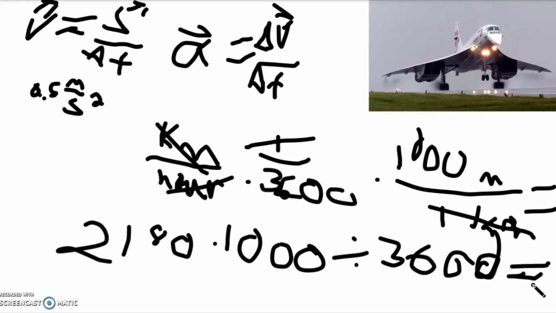To find the seconds, we'll have to divide 605 by 0.5, because that's our meters per second squared. So 605 divided by 0.5 equals 121 seconds, and that in minutes is roughly 2 minutes.